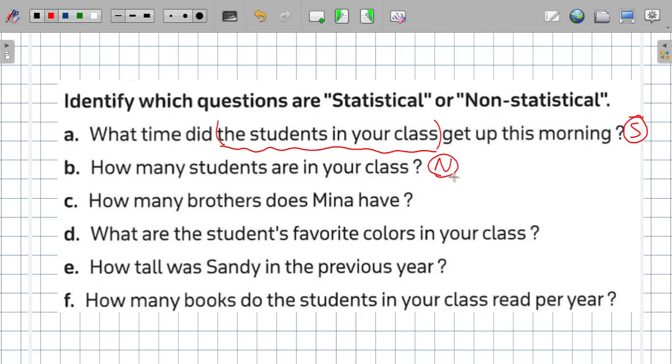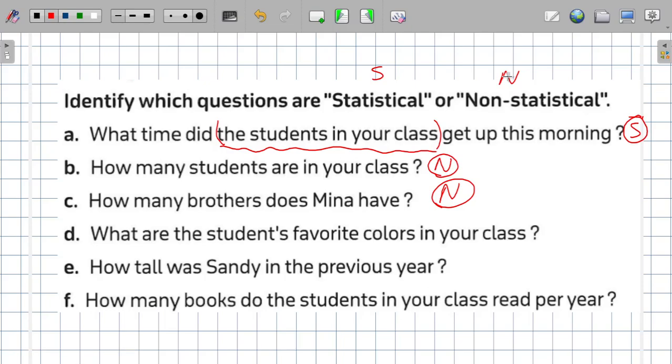The third one is, how many brothers does Mina have? I think it's a non-statistical question. So, statistical with S and non-statistical with N. The fourth one I have, what are the students' favorite colors in your class?